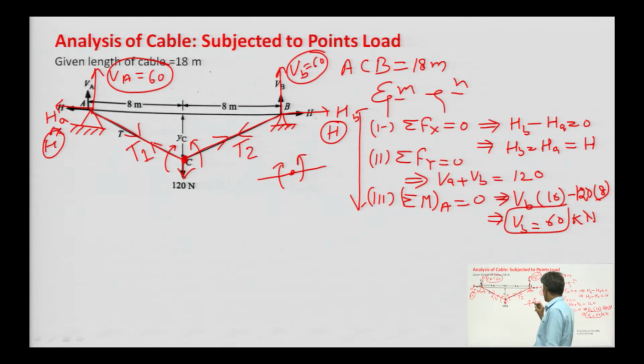If this is the cable and you apply a bending moment, then it will bend according to the direction of the moment. That is why bending at any point is 0; if you apply moment M, there is no resistance.